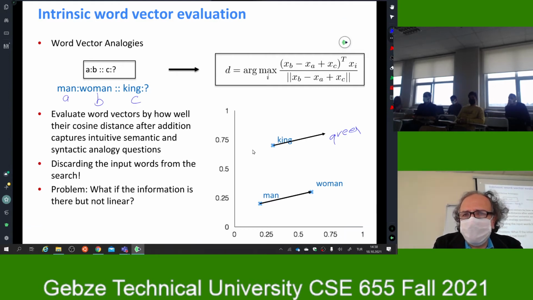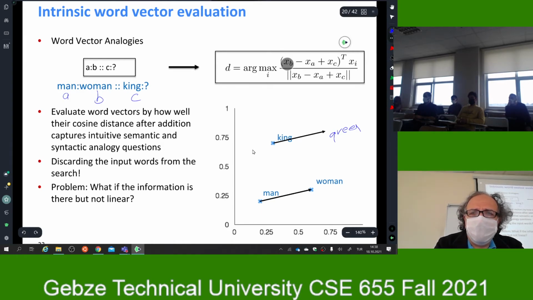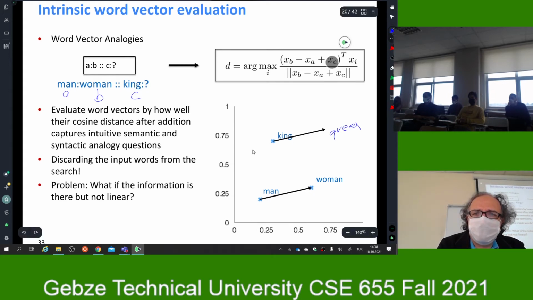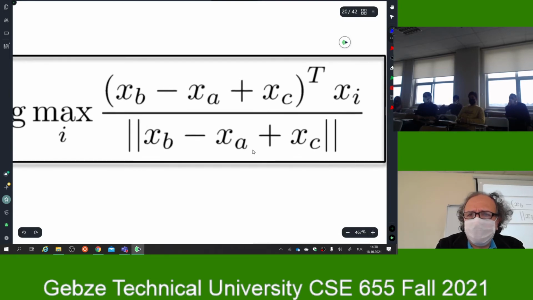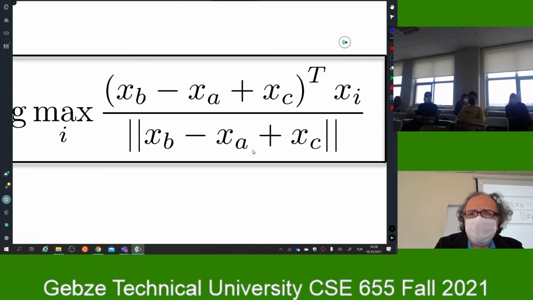So what does this do? There is a difference operator between A and B. It subtracts man from woman, and it adds king to it. And you just tell me what we are doing here. What is this? This is a vector, right?